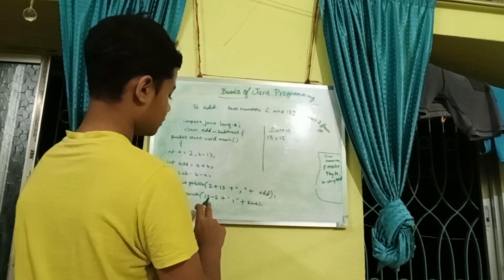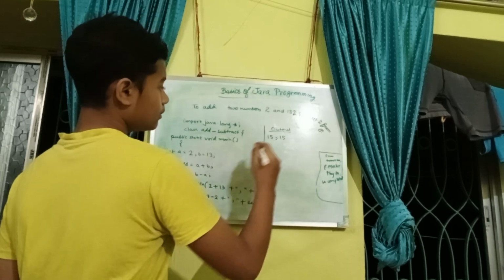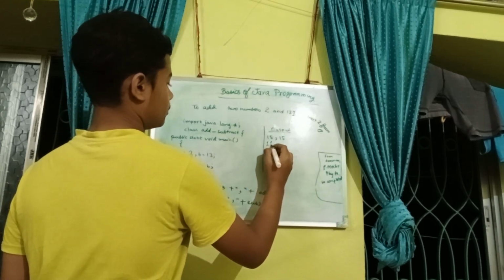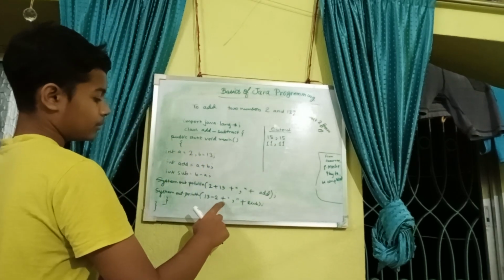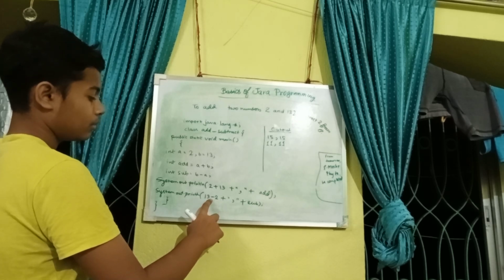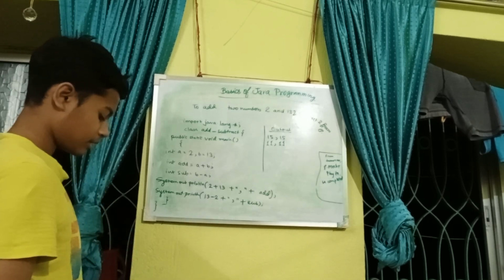And 13 minus 2 is 11. So 11, comma, 11. So one gap then plus, because otherwise they will concatenate and there will be some errors.